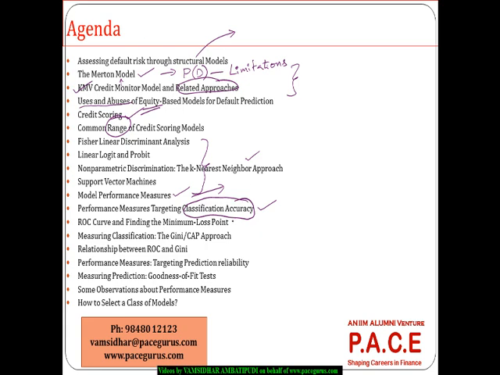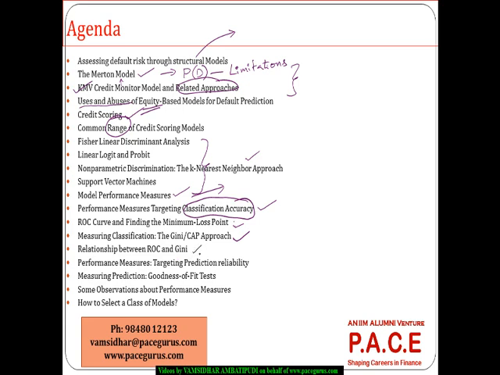For that we talk about two major measures, one being the ROC curve and the other one being the Gini or CAP kind of approach.